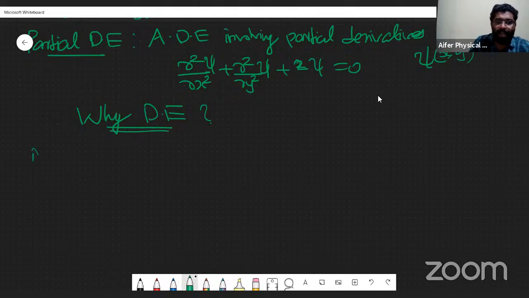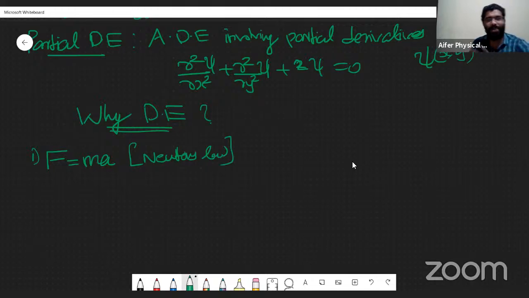The fundamental equation in mechanics is F equal to ma, Newton's law. Without Newton's law, we cannot say anything in physics. We can study quantum mechanics, no problem, but for an ordinary man living in this physical world, Newton's equations are very important.